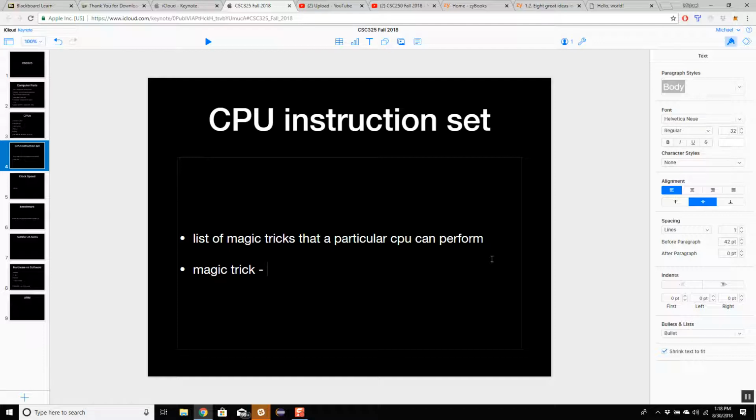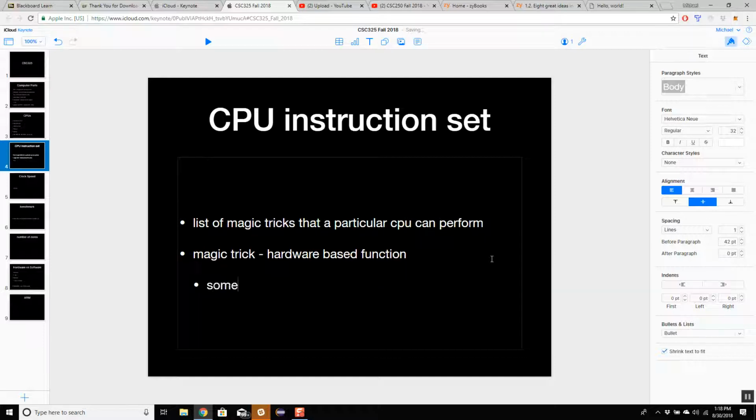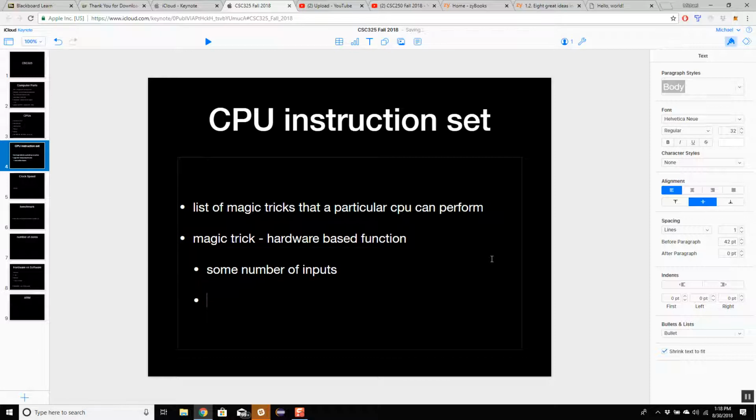Or we can think of our magic tricks as a function, where you give it some inputs and it spits out an output. So magic tricks we can think of as a hardware-based function or method, however you want to think about it. There's some number of inputs and some number of outputs.